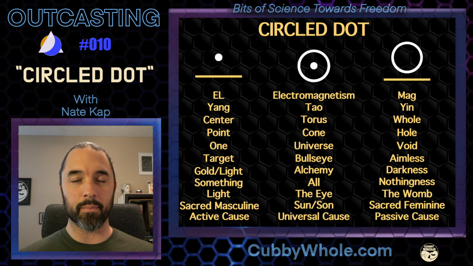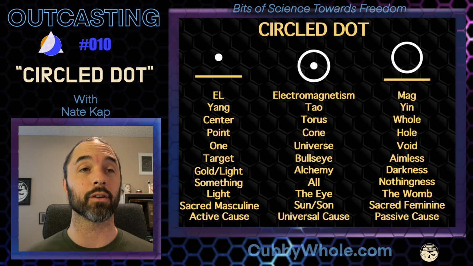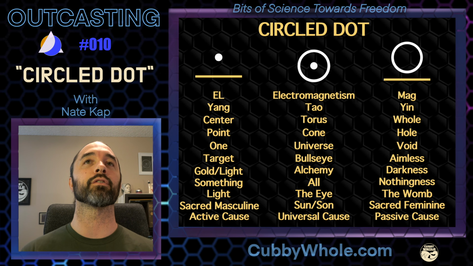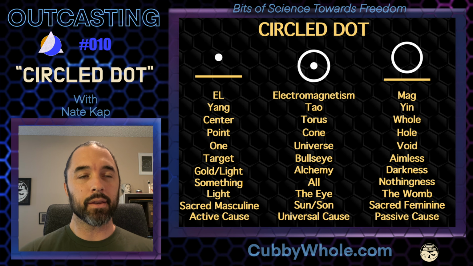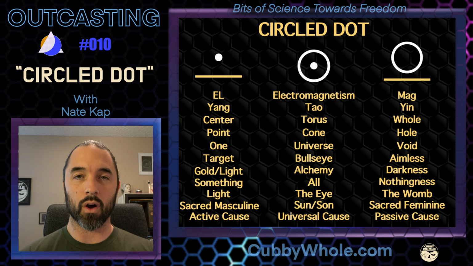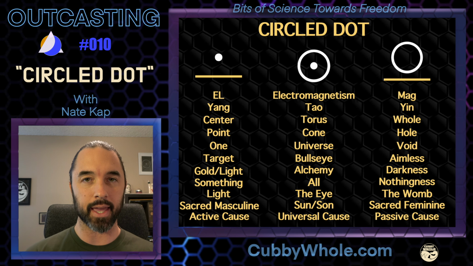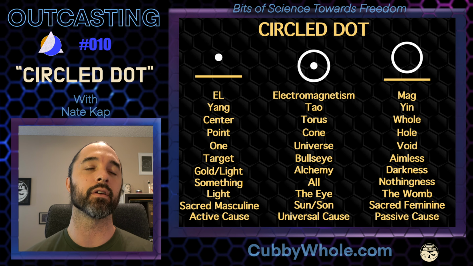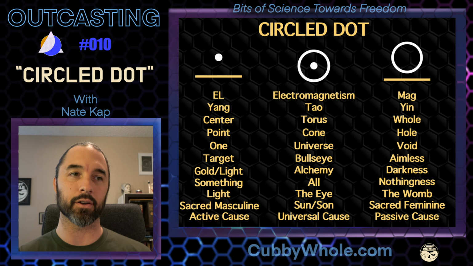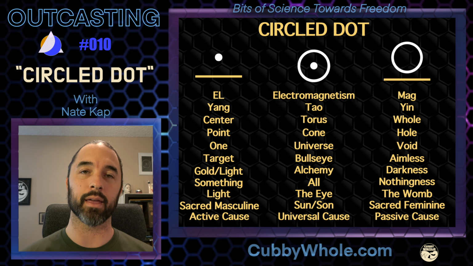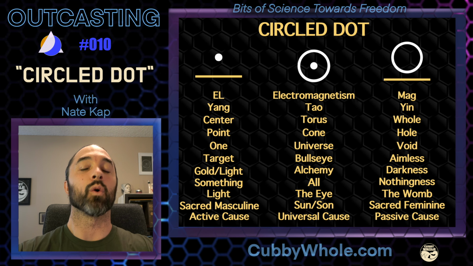Once we understand the magnetism and the electric and how they work together, then we start to understand life better. We understand what life is made of. And then we can also understand the Tao, and the Tao is the yin yang, right? So you have the yin energy of the circle being the feminine energy, and the dot being the masculine energy, the yang, right? Together they make the Tao, the yin yang symbol, or energy.